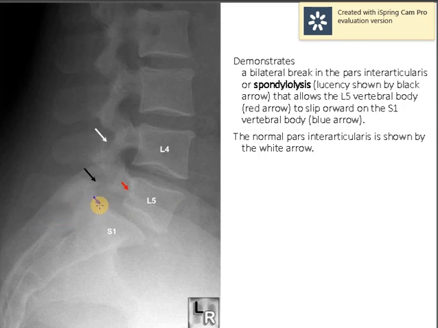So the blue arrow is the S1 vertebral body, red is the L5 vertebral body. The black arrow depicts the lucency, that is the break in the pars interarticularis. Bilaterally there is a break, and this results in forward slippage of the L5 vertebral body over the S1 vertebral body.